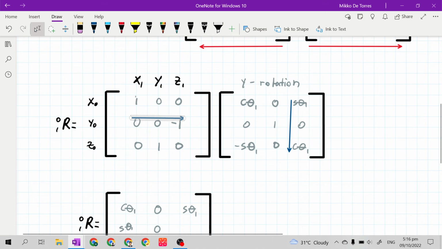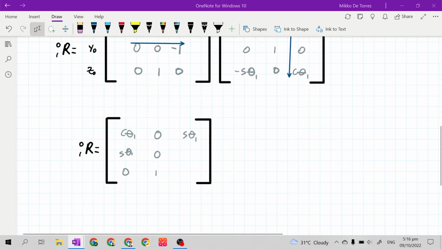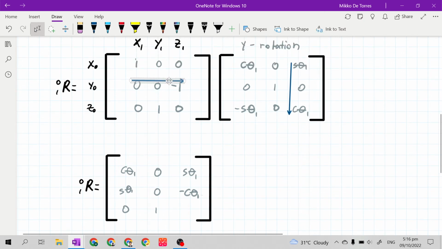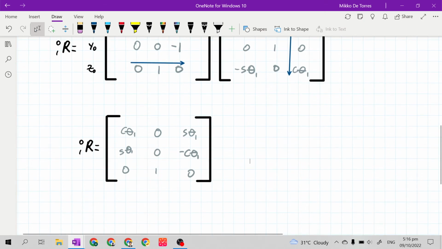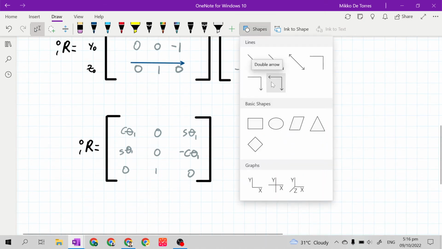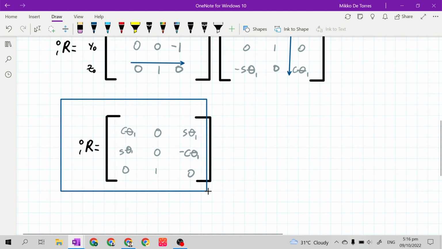Then 0 times sine theta 1 plus 0 times 0 plus negative 1 times cosine theta 1, we will get negative cosine theta 1. And finally, 0 times sine theta 1 plus 1 times 0 plus 0 times cosine theta 1, we will get 0. So that's the rotation matrix of R01. This will be our final answer for R01.